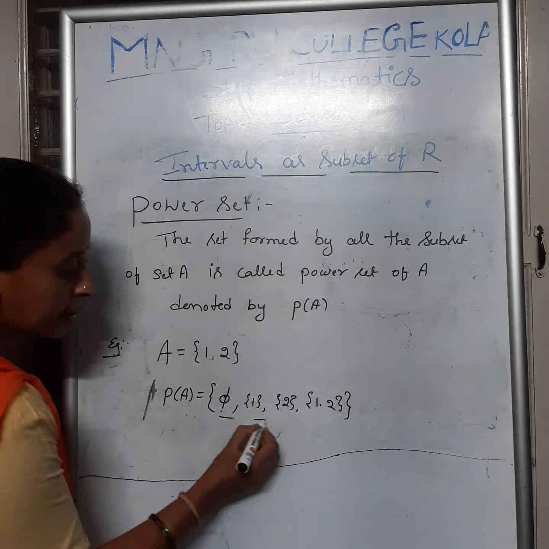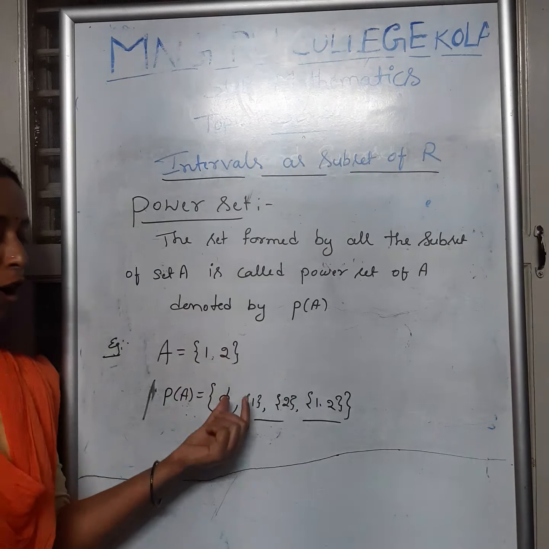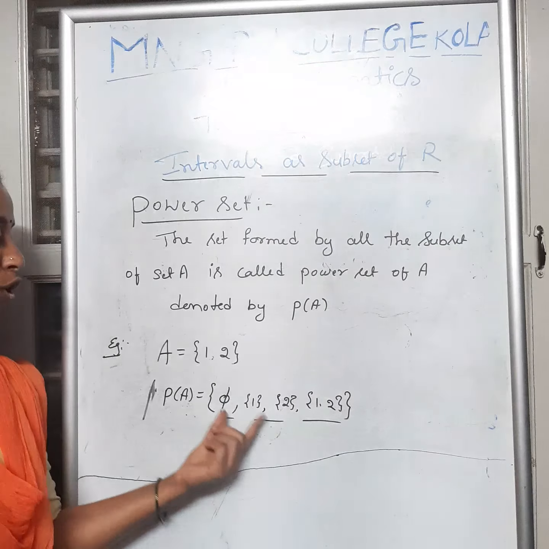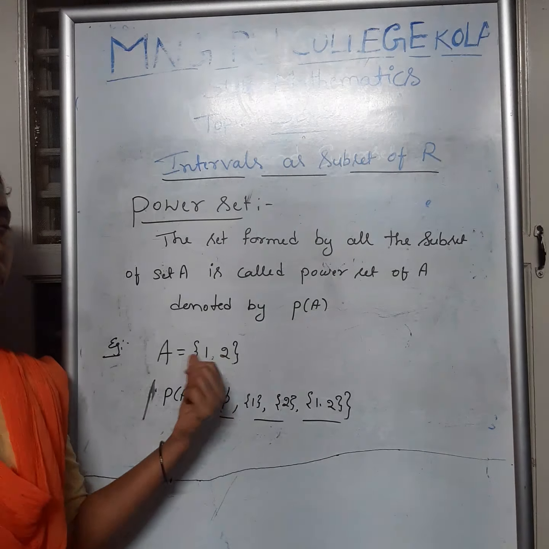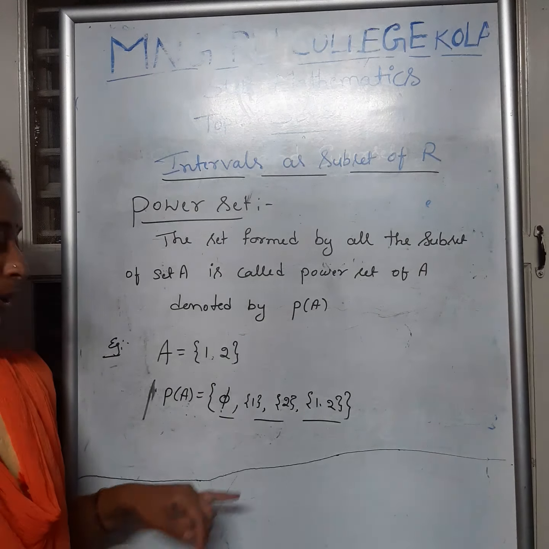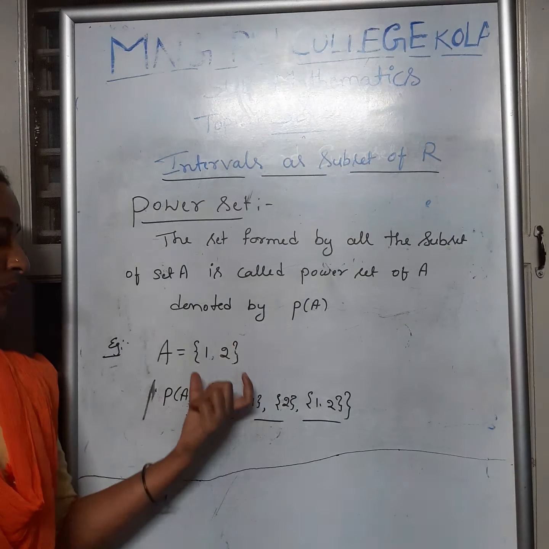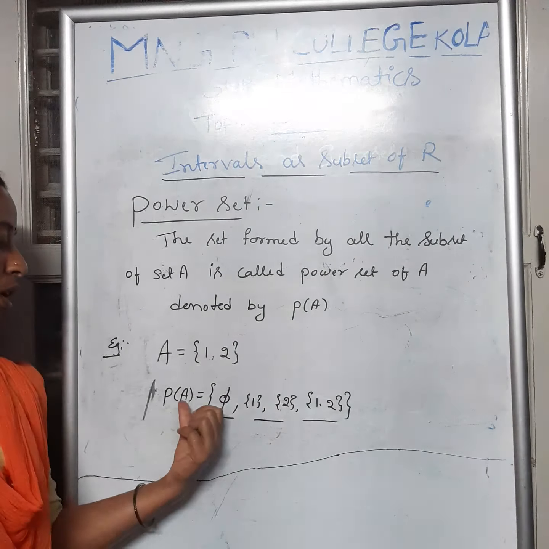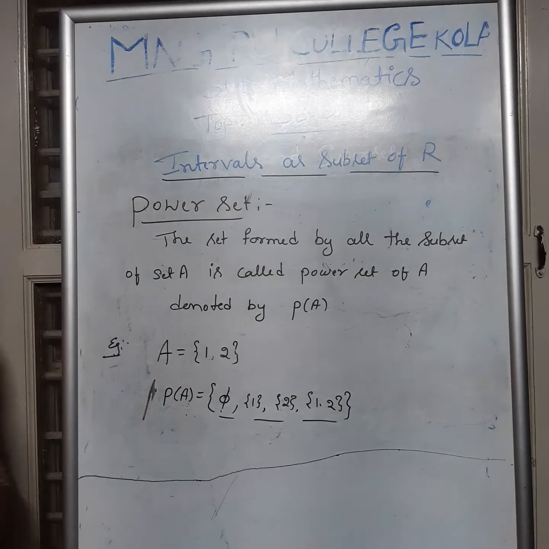So these are the power set of A. The set formed by all the subsets of A is called the power set of A. That's why all these subsets together are called the power set of A.